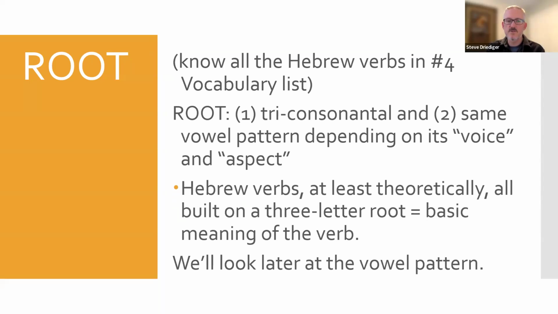Something that you'll come across in discussions of Hebrew verbs, and we'll see it in some of the charts we'll look at, is that there are what we call strong verbs, and the opposite of that would be a weak verb. A strong verb is a verb that's built on three consonants that more or less do not change.